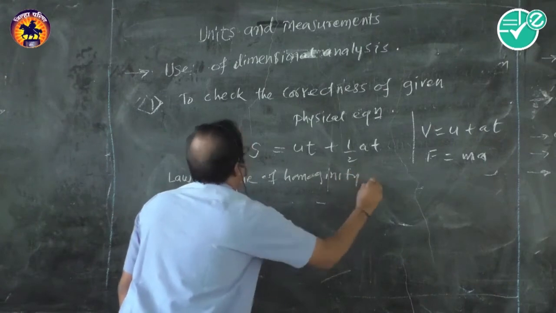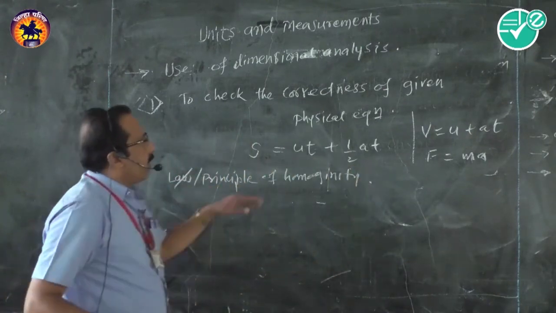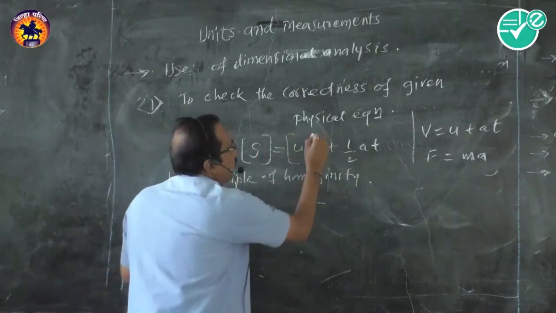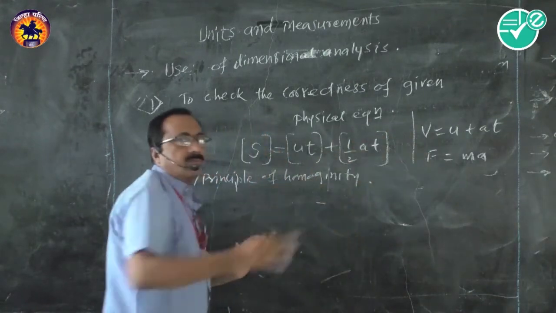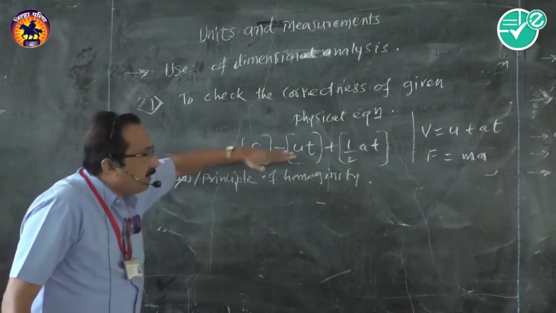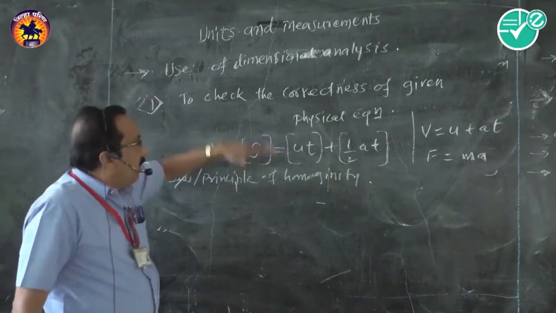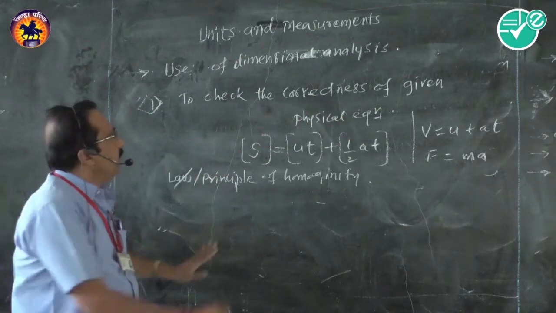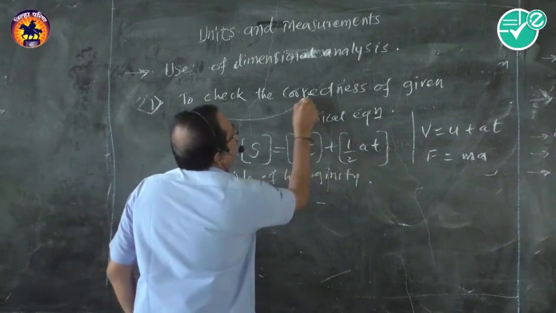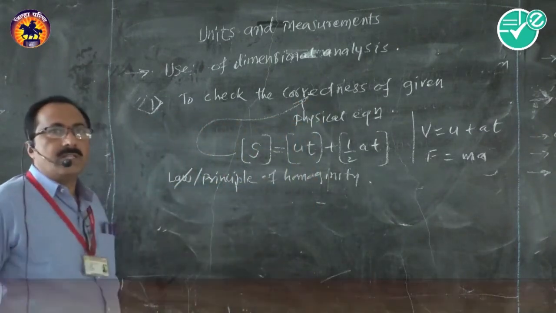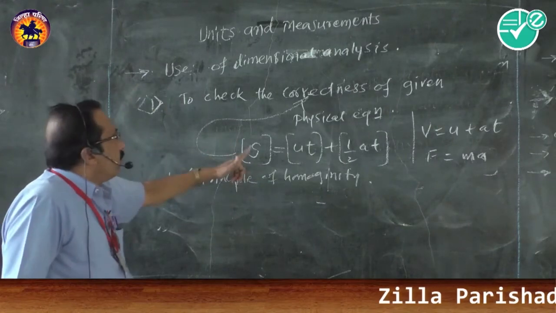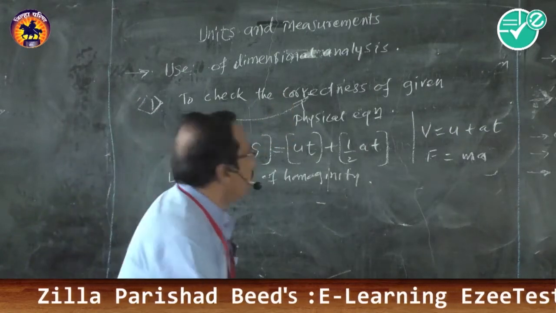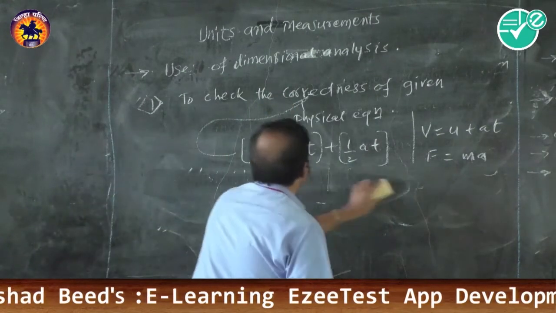According to this principle, if the dimensions of the left hand side are equal to the dimensions of each and every term on the right hand side, that means the dimensions of all terms given in the equation are the same, then the given equation is said to be dimensionally correct. So, when the dimensions are the same, the equation is dimensionally correct.